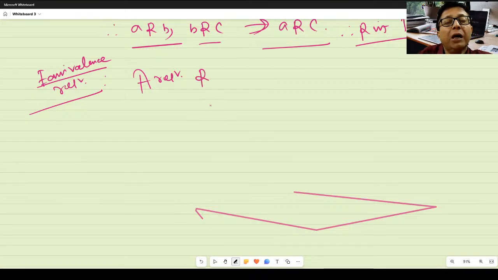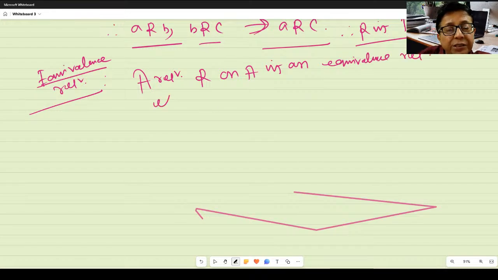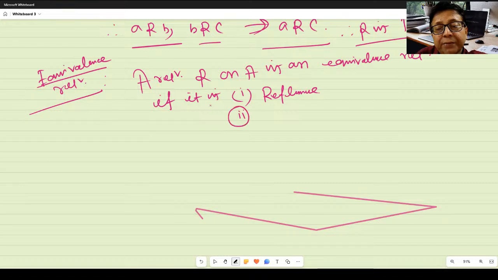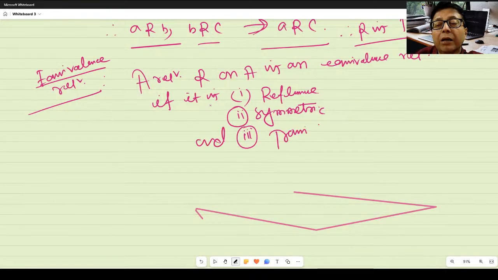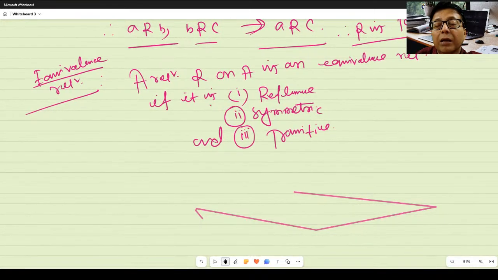A relation R on the set A is an equivalence relation if it is number 1 reflexive, number 2 symmetric, and number 3 transitive.